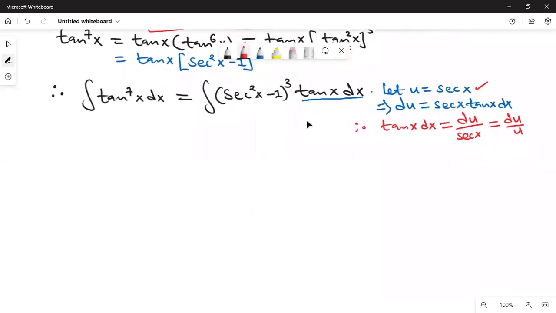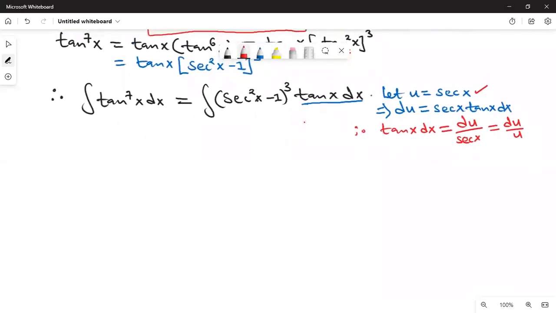If we replace sec x by u and also tan x dx by du over u, this integral will now be equal to the integral of u squared minus 1, cubed, times du over u. We are replacing the whole of tan x dx.